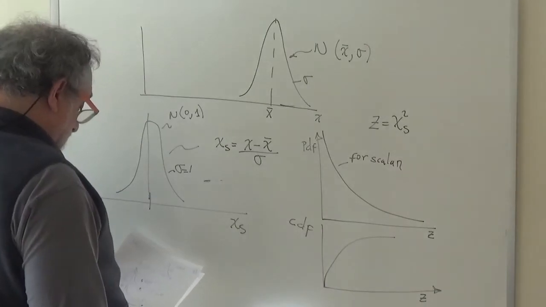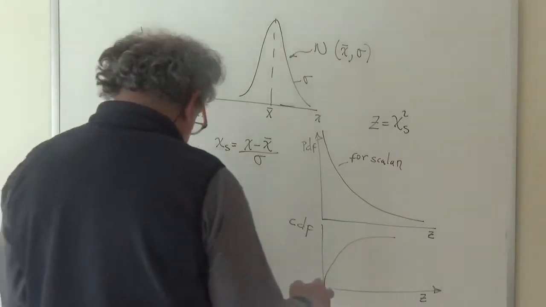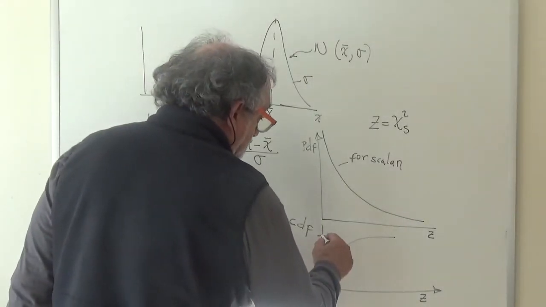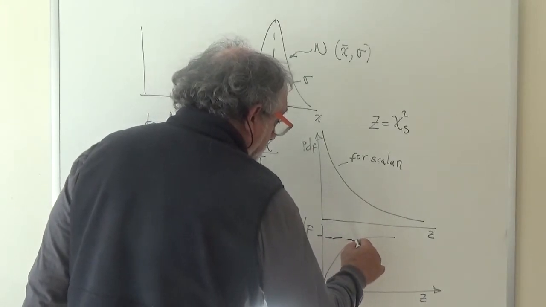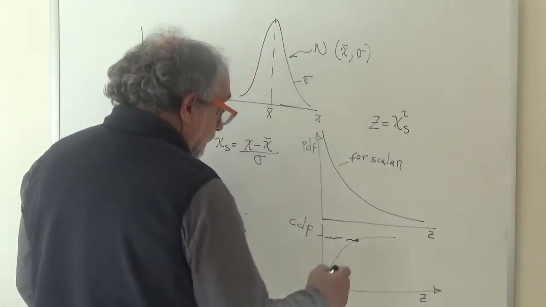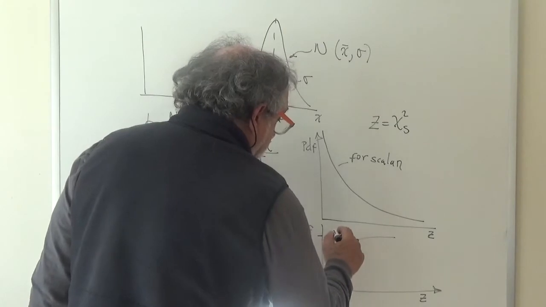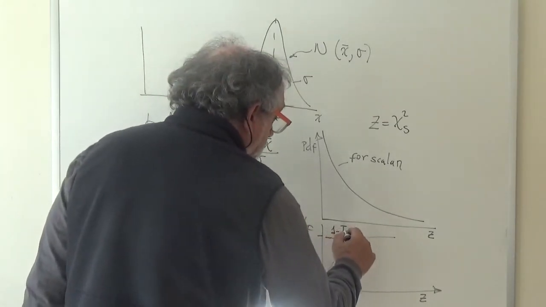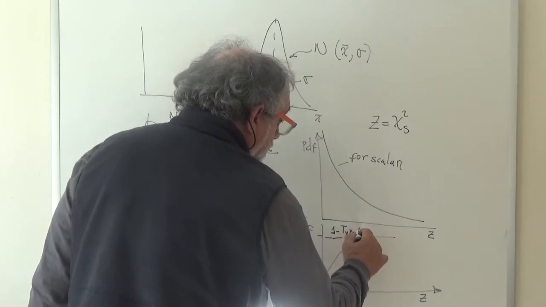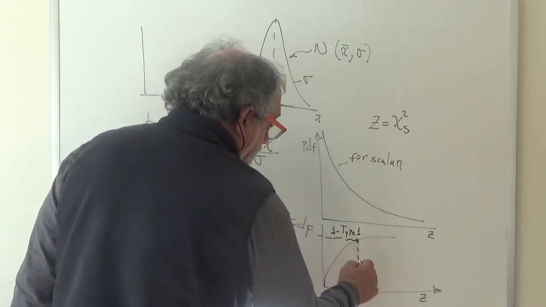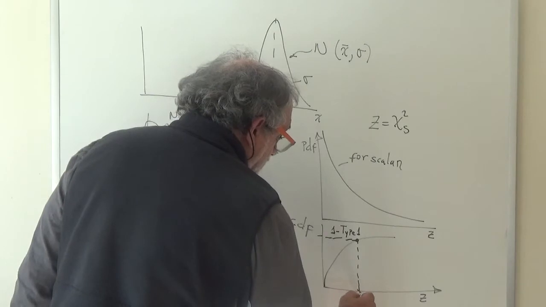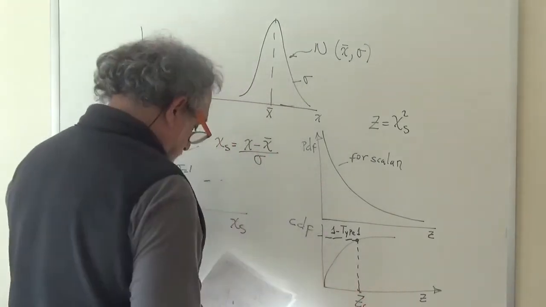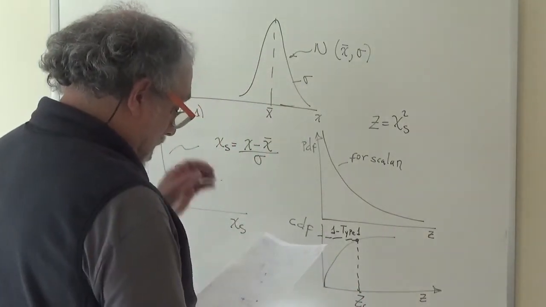So if you take in the CDF a cut here, let's say, right? And that height is 1 minus the type 1 error. And you read here this Z critical, right?